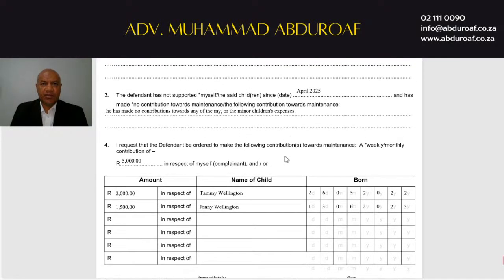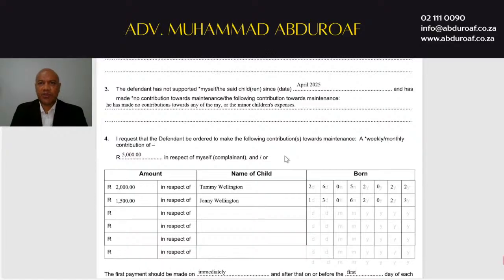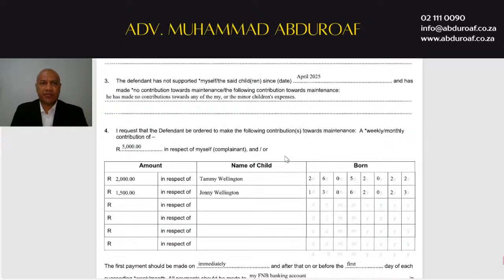The third point, when do you want to obtain the maintenance? My apologies. When last has the other party paid maintenance? In this case, April 2025. And the other party has not contributed towards the following. You include it in the specific section.